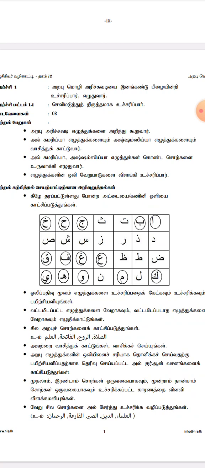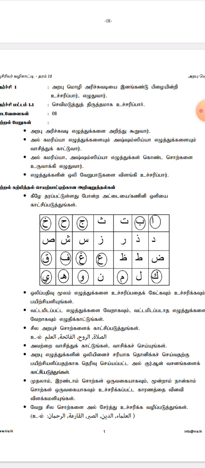So alif, now I will read the circled letters. Alif, ba, jim, ha, kha, ghain, ain, ghain, fa, kaf, kaf, mim, waw, ha, ya. Okay.